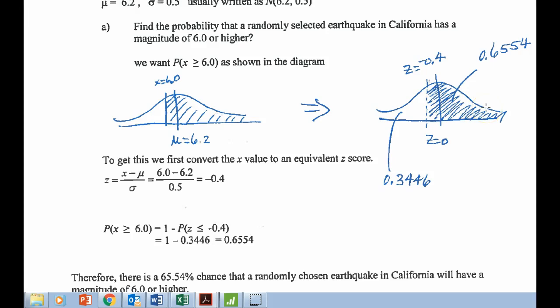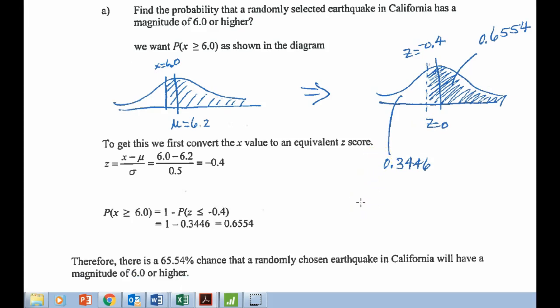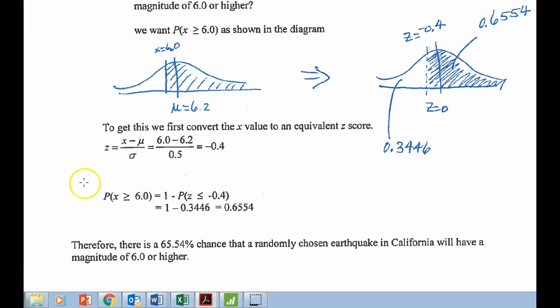In answering my problem, I want to know the probability x is greater than or equal to 6. The tables that you have in your book and that I've put on D2L only show you areas to the left. They don't show you areas to the right.